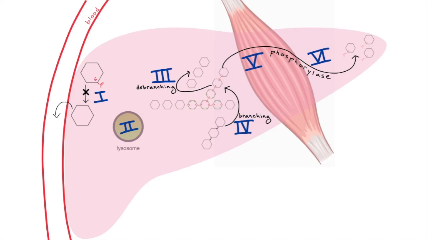Here's a rapid review. This is a visual reminder of all the places where glycogen storage can go wrong, organized by GSD type from left to right, with a slice of muscle overlaying the liver.